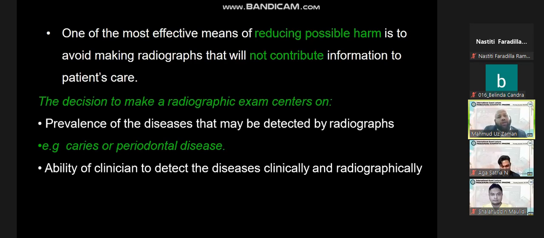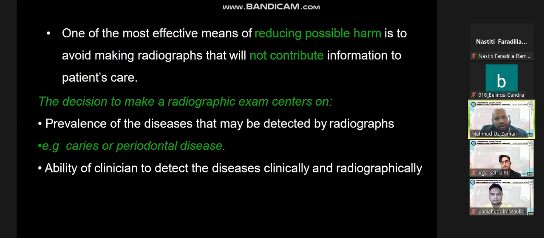Also it depends upon your ability to read these images. As I always tell my students, to determine the abnormality, you should know the normal anatomy first. If you don't know the normal anatomy, you cannot determine whether something is abnormal or not.